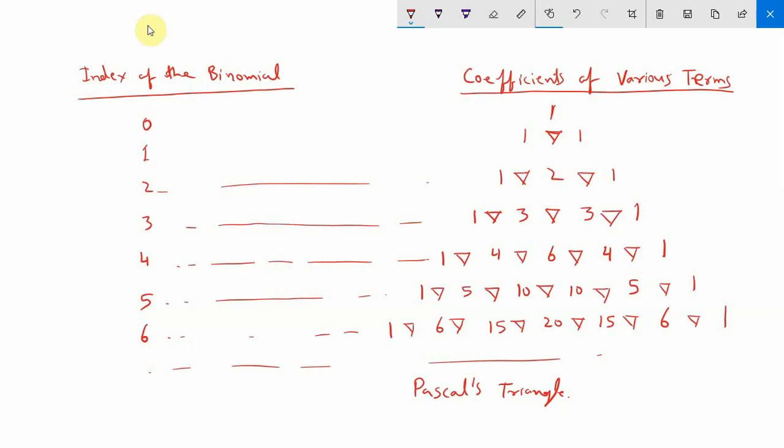Okay, friends? So next we will start with the binomial theorem for positive integral index. Okay.